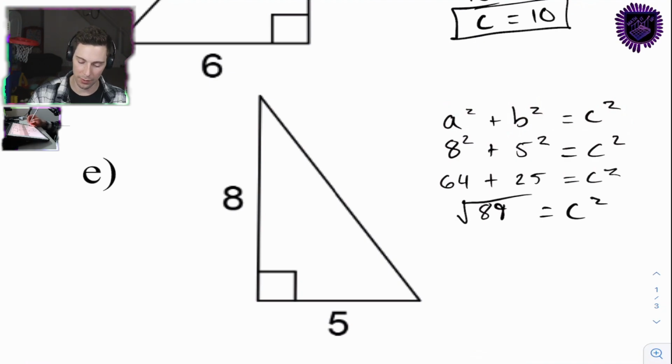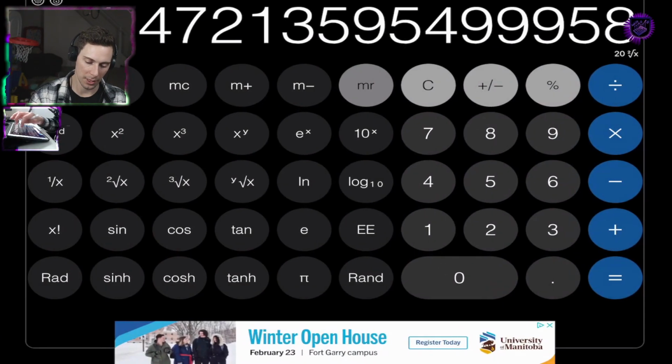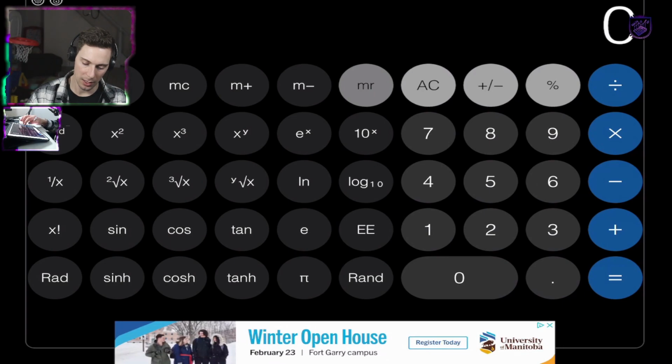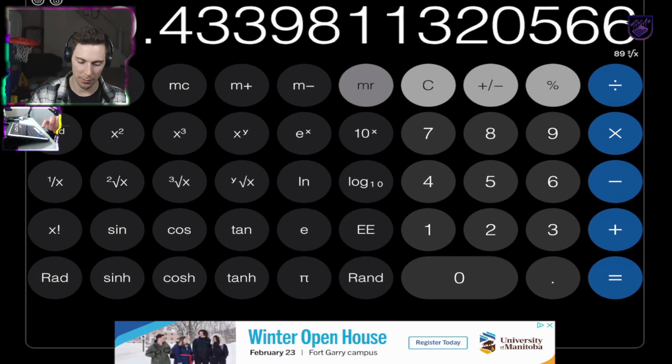What's the square root of 89? 9 and a bit. The square root of 81 is 9, so it's going to be like 9.2. That's my guess. The square root of 89 is 9.43.